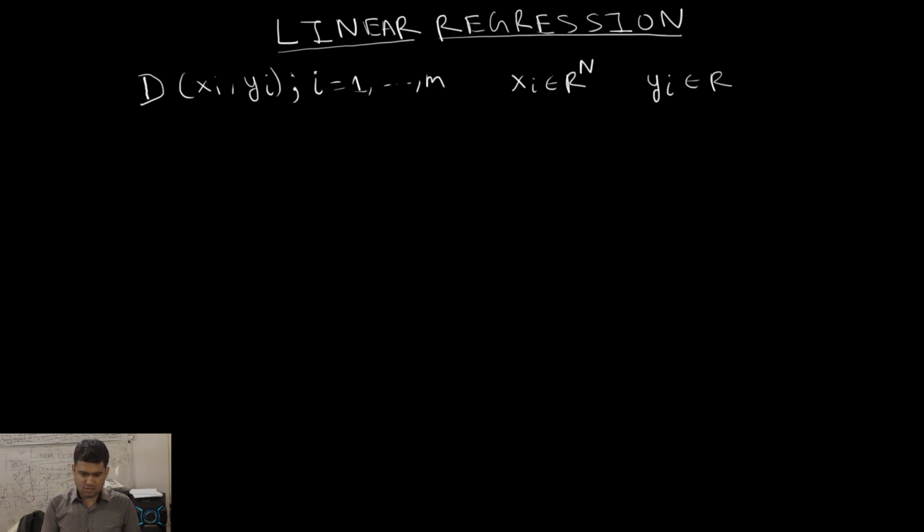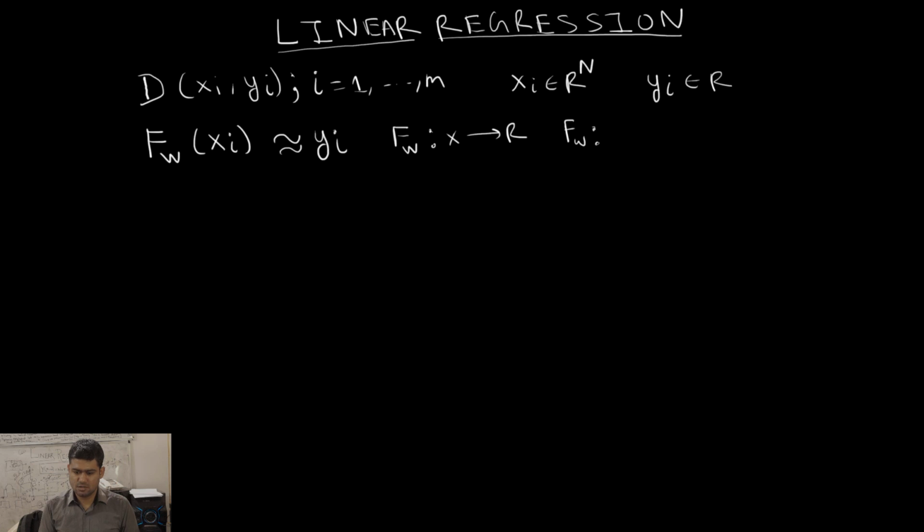That is, the goal is to learn a function f, which is parameterized by some learnable parameter w, that takes in the xi and produces the corresponding value yi. More specifically, f is a mapping from x to y, that is, it maps an n-dimensional real vector to a scalar for all the vectors that are drawn from the same distribution from which the data set is drawn.